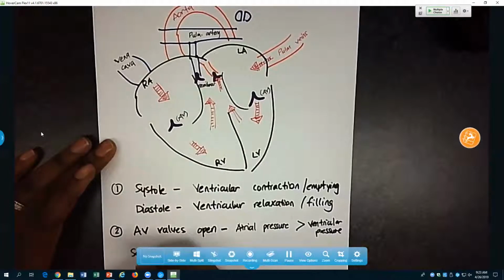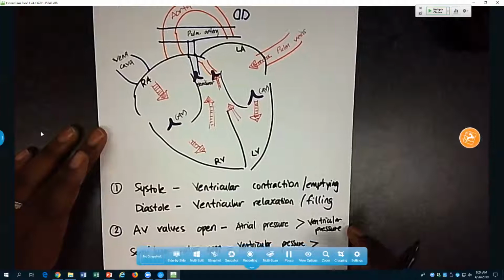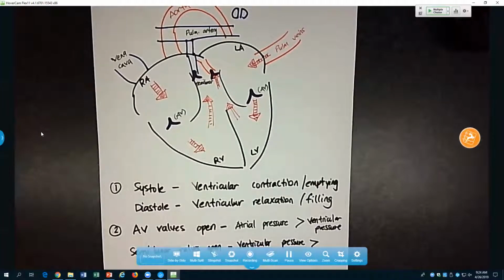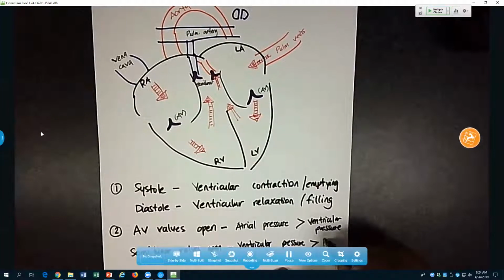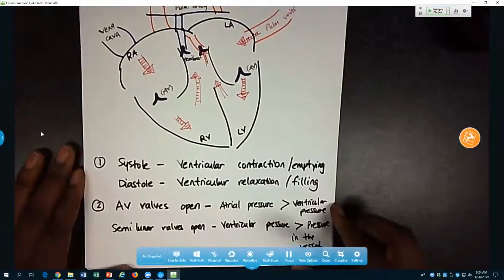The semilunar valves, on the other hand, will only open if the ventricular pressure is greater than the pressure in the vessel, so the pressure in the vessels. Meaning that, can you guys see that?